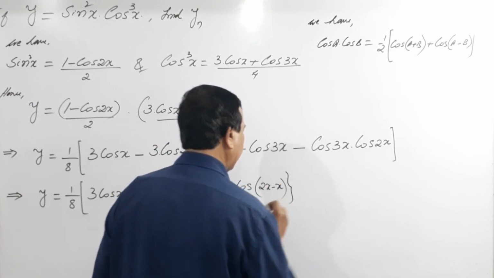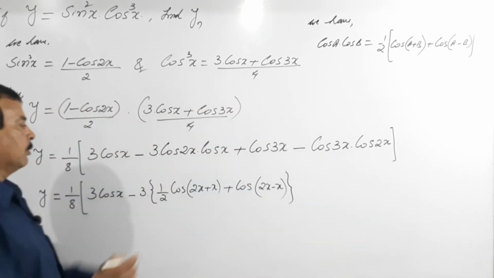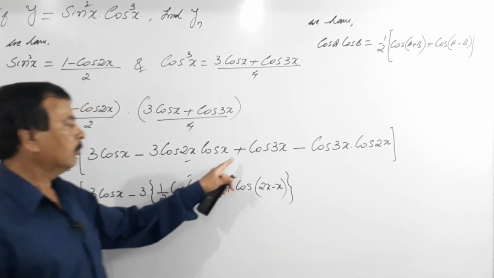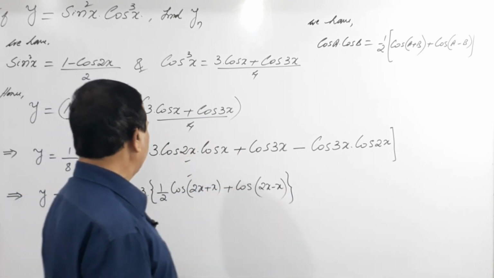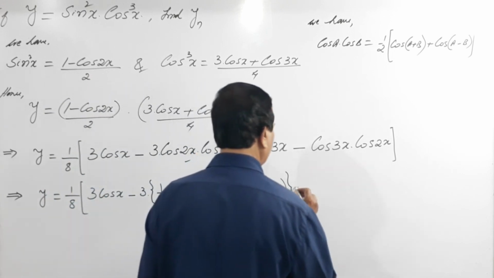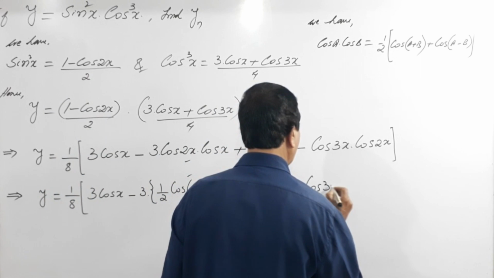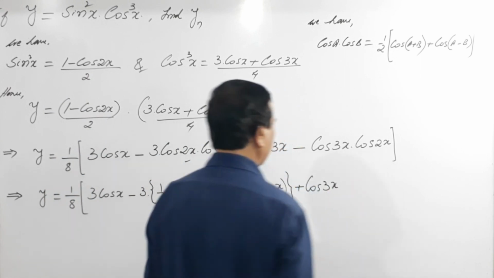I close the bracket. So this term is over. Now plus cos 3x. Done.